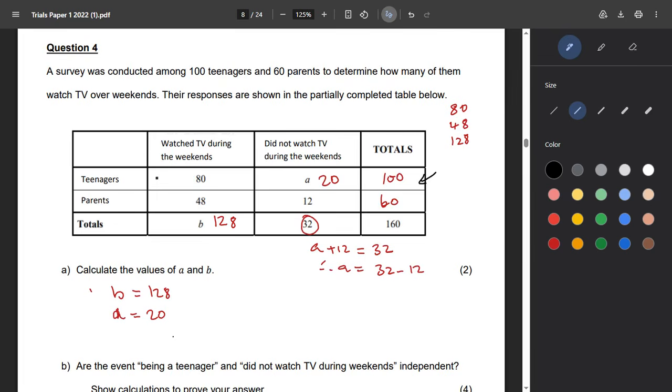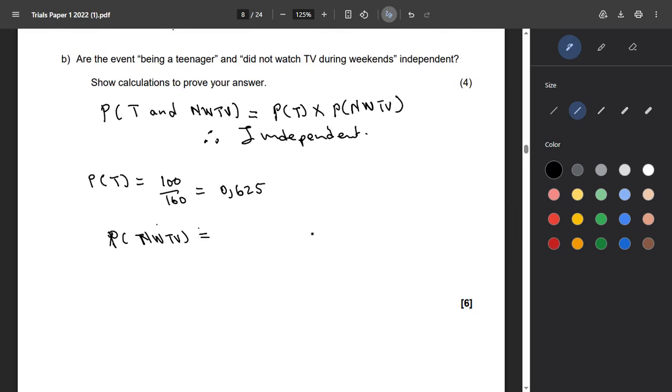It's just not watching TV. So the total of not watching TV is 32. Then you divide that by 160. So this will be 32 divided by 160.